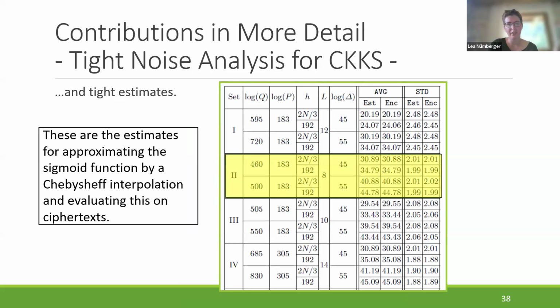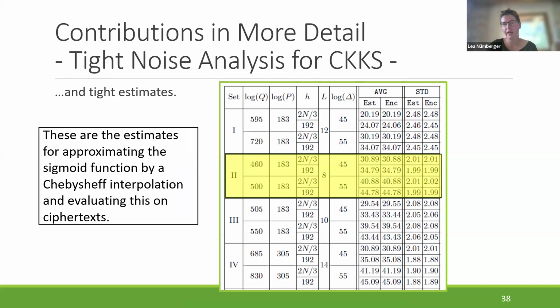So, for example, the second experiment that we ran was to approximate the sigmoid function, which is used in machine learning, by a Chebyshev interpolation, and then evaluate the Chebyshev interpolation on a ciphertext. So this is already a fairly complex circuit.